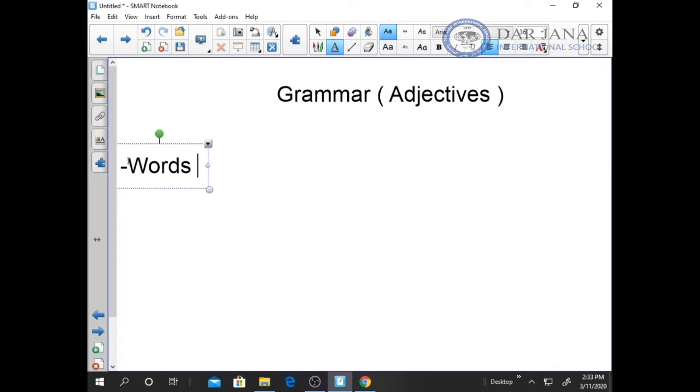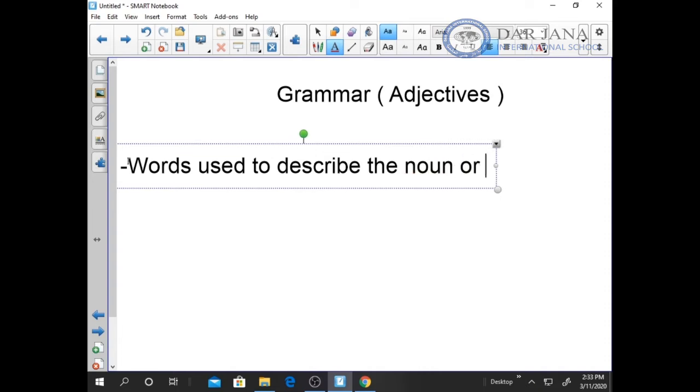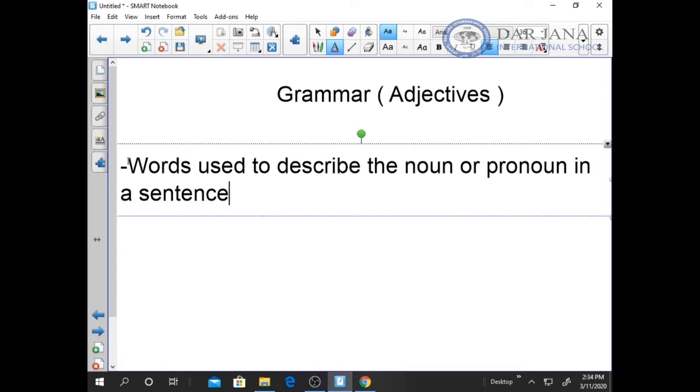Adjectives are words used to describe the noun or pronoun in a sentence. In other words, adjectives are words that give details about the noun or the pronoun.